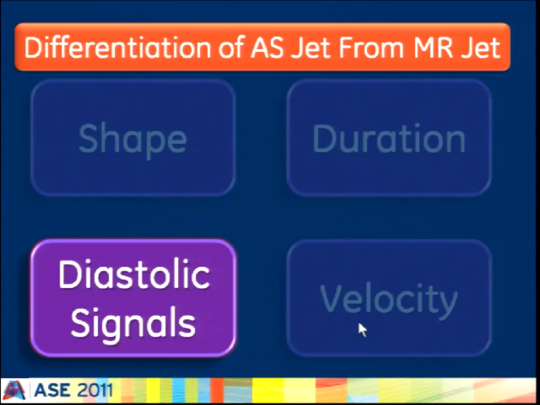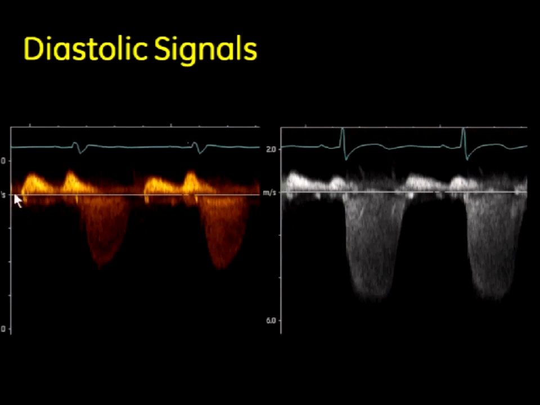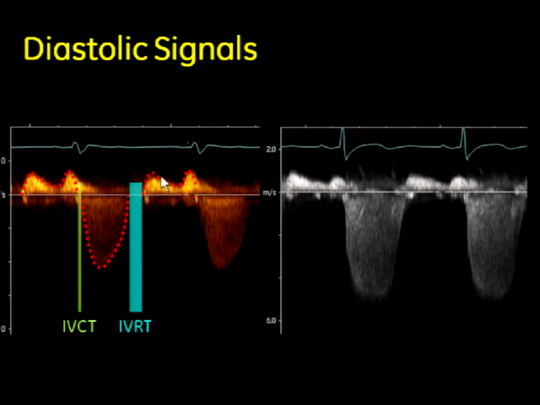The other thing that we can look at is the diastolic signals. So in this example here, we've got mitral inflow and a systolic signal, repeated across the trace. One of these is aortic stenosis and one of them is mitral regurgitation. And if we pay particular interest to the time intervals, what we can appreciate here is our mitral inflow. We have a little break here, then we have a signal here. We have a little break here, then mitral inflow begins, and then we have a little break here again. So this signal is in fact aortic stenosis.